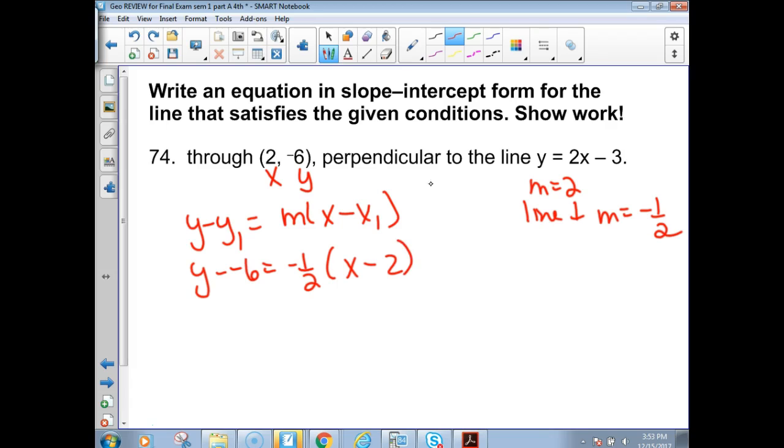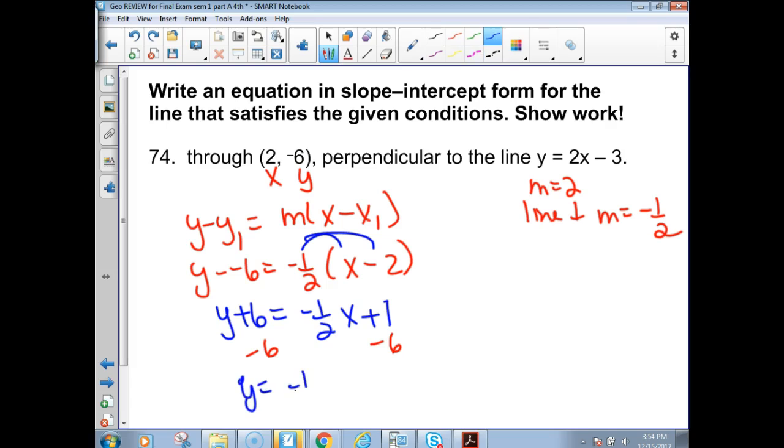It said slope-intercept form, so we are supposed to simplify this. So it'd be y plus 6, distribute the -1/2, give me -1/2 x plus 1. -1/2 times -2 is 1. And then subtract 6 from both sides. Final answer, y equals -1/2 times x minus 5.